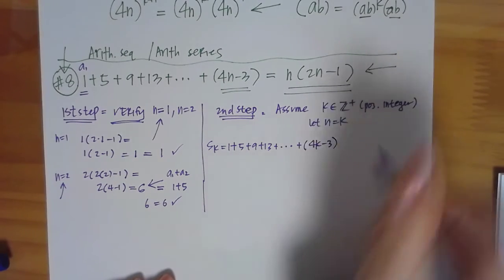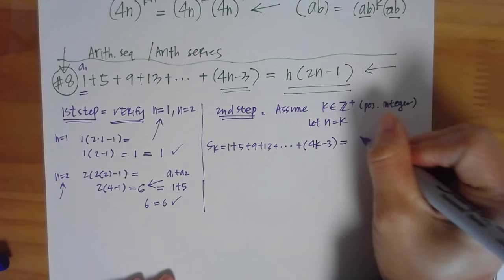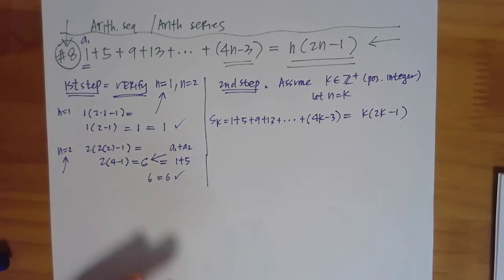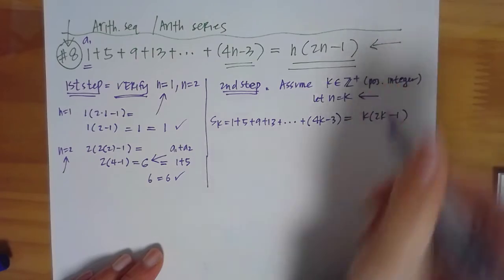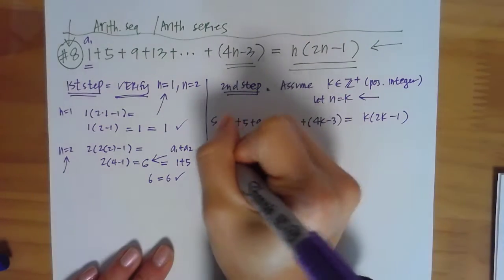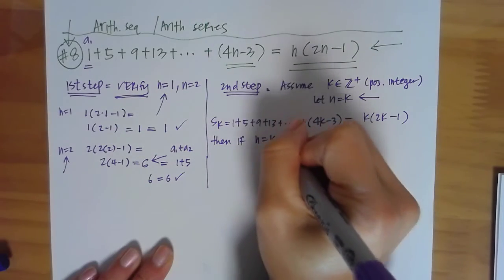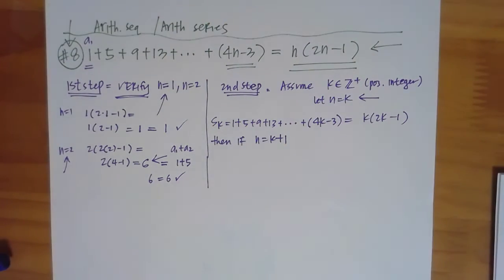We're going to show that it equals k(2k minus 1). We replace all the n's with k's basically because we're letting n equal k. Okay? Then if n equals k plus 1, because we're trying to show the next one is also valid.